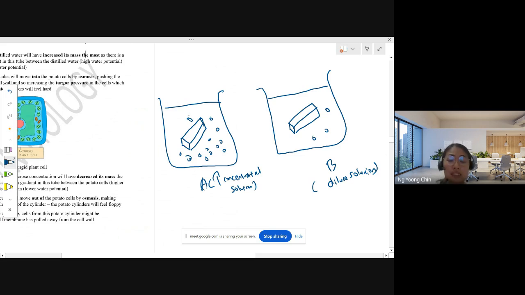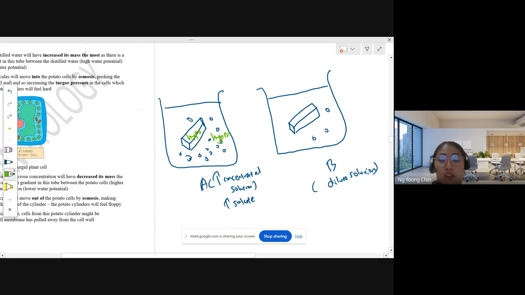If you put the potato strip in the highly concentrated solution with a very high amount of solute, no matter what kind of solute, even glucose solution or sodium chloride, it will cause the outside to become hypertonic. Then the potato strip itself becomes hypotonic.